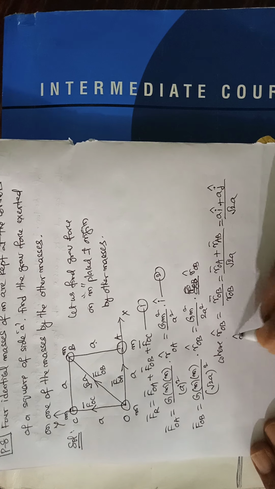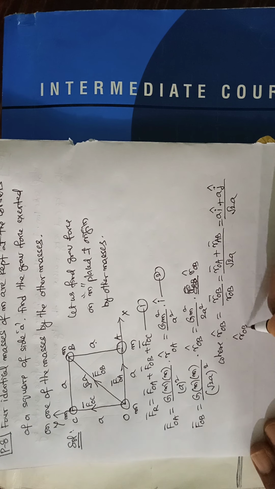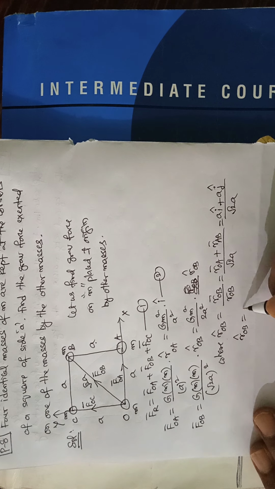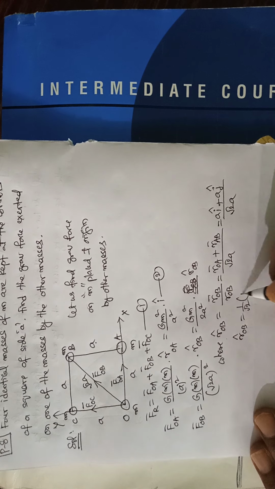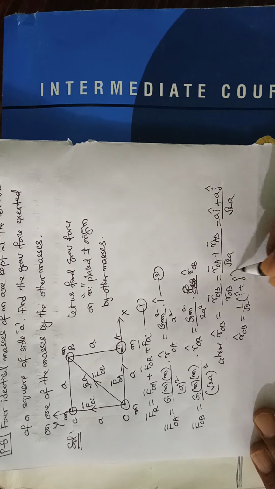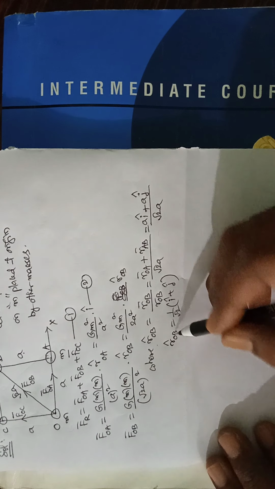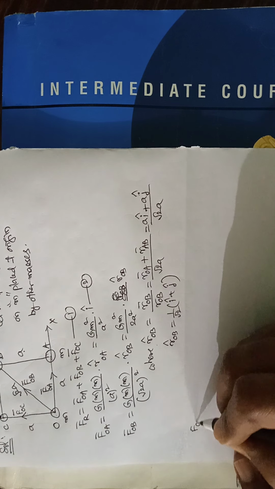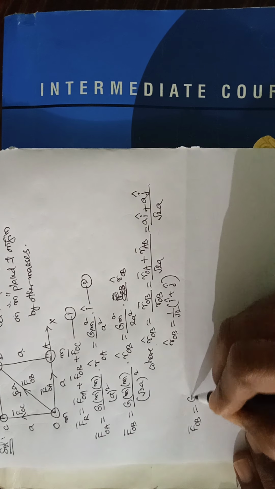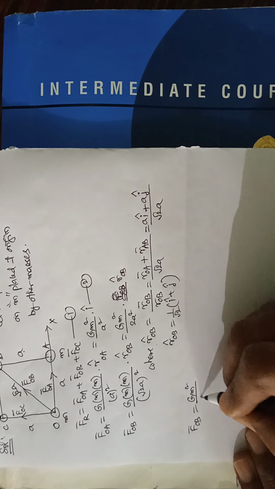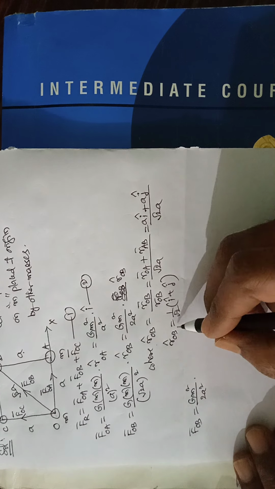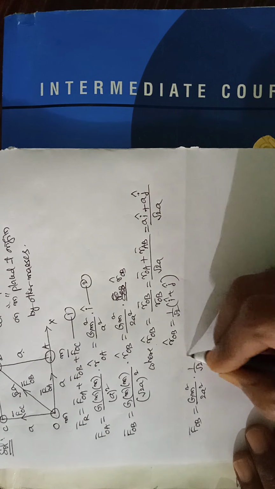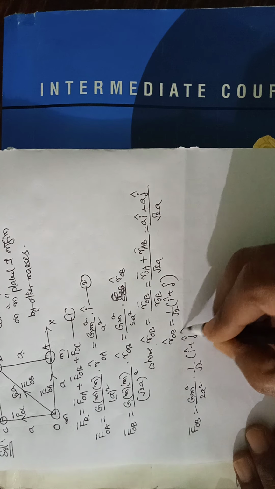So ROB becomes 1 by root 2, A gets cancelled, I plus J. Let us substitute this value here: FOB is equal to GM square by 2A square into 1 by root 2 (I plus J).